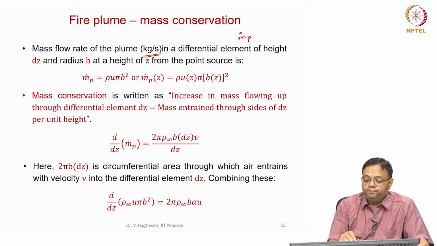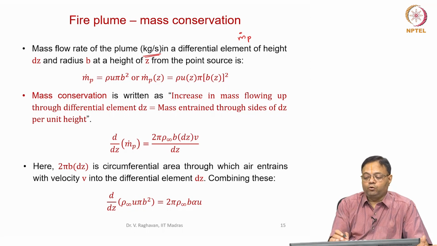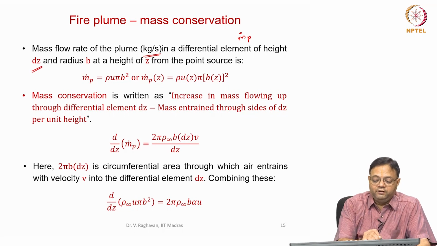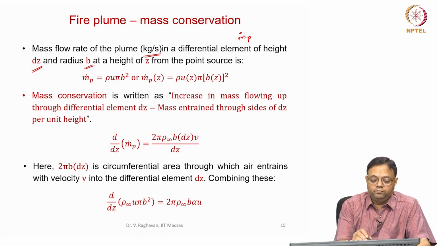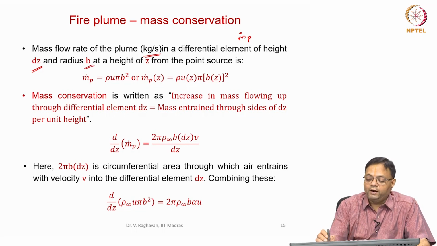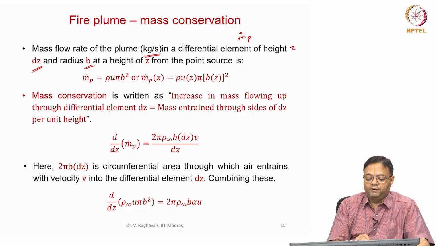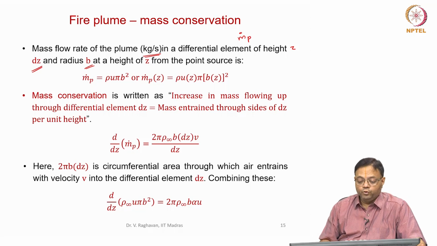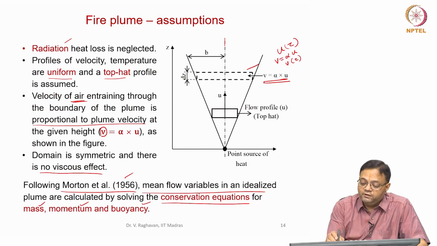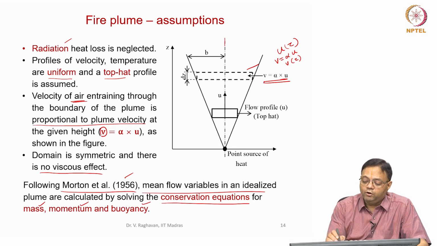m dot p. Take a control volume of height dz and radius b, that is called the plume radius. b is the plume radius at a particular height z. So, as I told you, go back here, this is the plume radius. I have just taken some edge and this is the plume radius at a particular height.